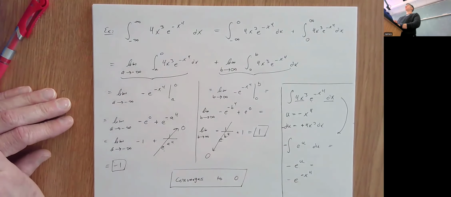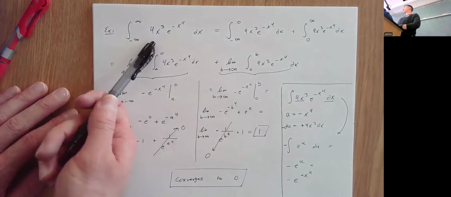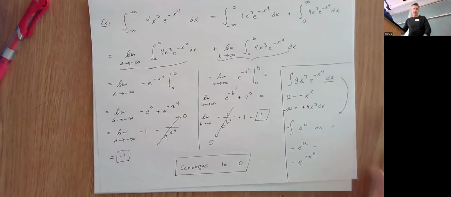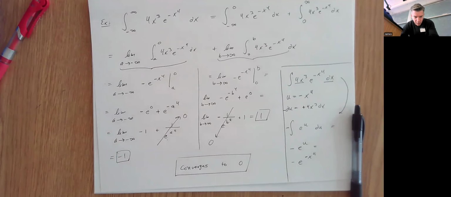An interesting thing to note here is that this function's odd. If you graph this function, let me graph it for you nicely instead of trying to do it by hand here.